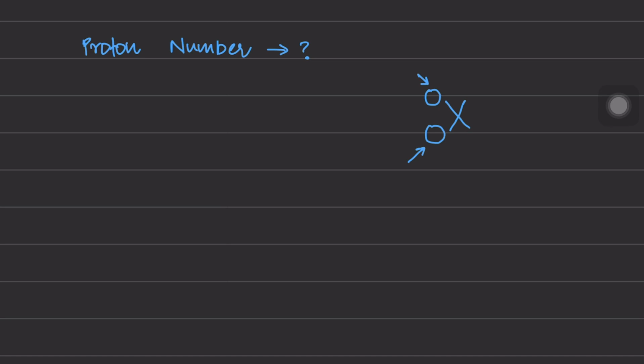Here we have the letter A, and here we have the letter Z. The letter A stands for the nucleon number, write that down, and this Z here is what we call the proton number.